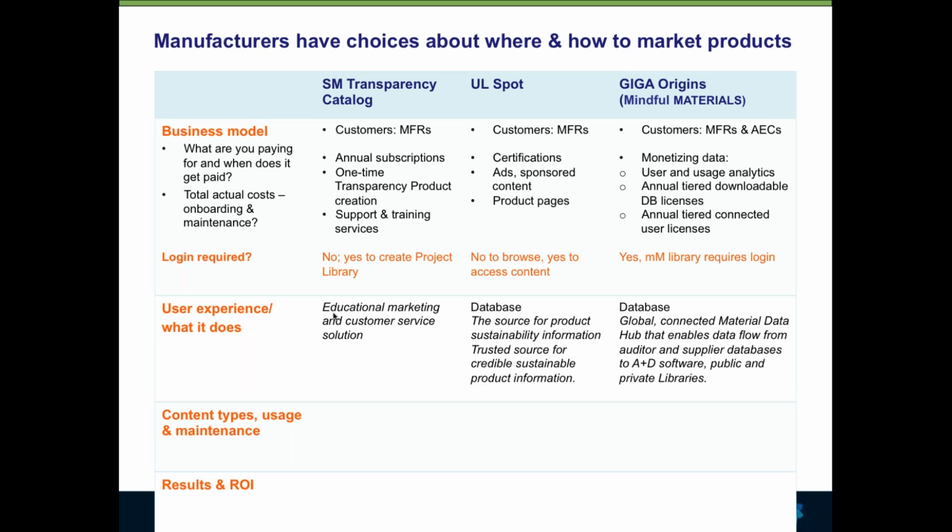We sell subscriptions and services. There's no login. Spot sells certifications. They also sell ads and sponsored content, and they'll sell more product pages. And Giga, their business model is to monetize data, usage data, manufacturers' data.